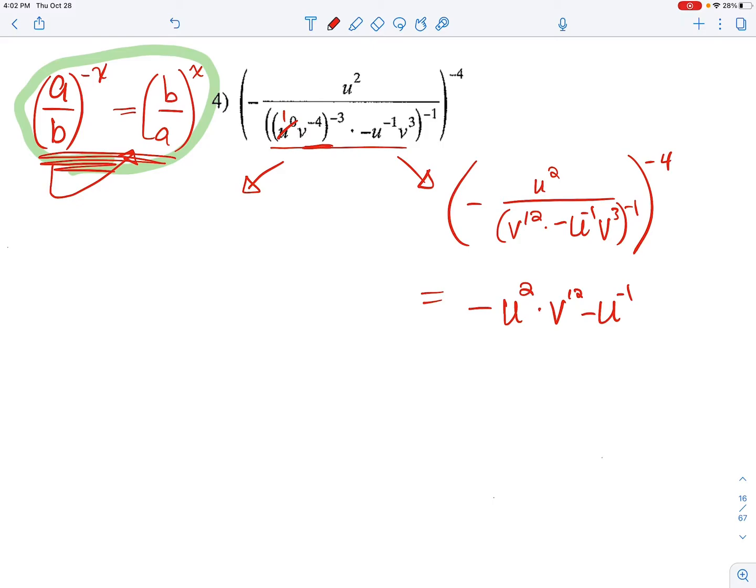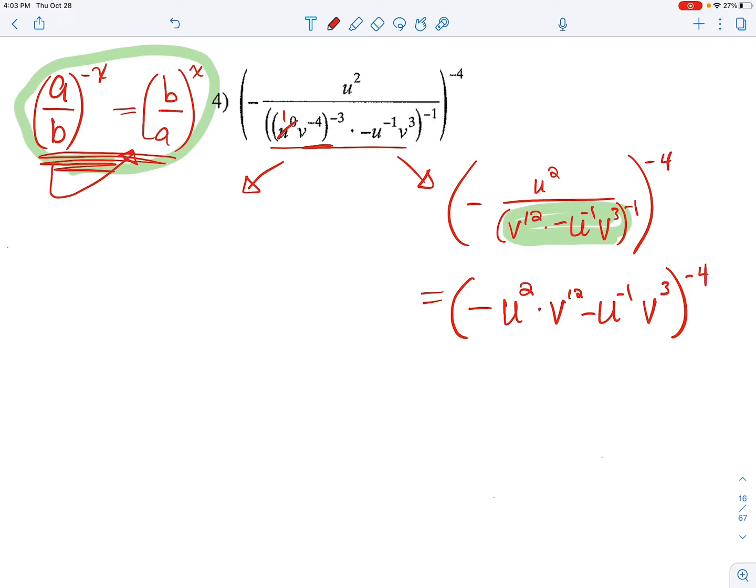Because I'm dealing with this entire expression, and it is to the negative first, it comes up to the numerator, but this u to the negative 1 still remains, times v cubed, and that is still all of that to the negative 4th power.